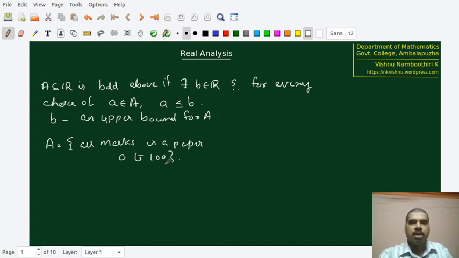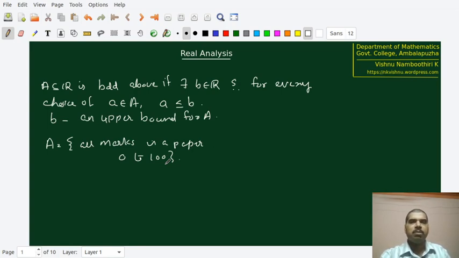And what about 101? 101 is also an upper bound for this set. There can be some confusion because we may be thinking that the student can never reach 101, so why are we taking 101 as an upper bound. See, the definition of upper bound simply says that whatever element we are choosing from that particular set should not exceed that upper bound.